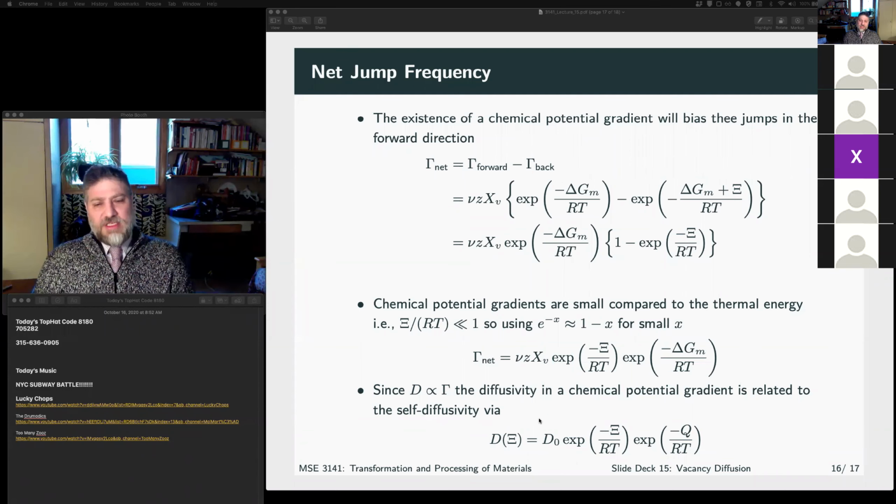So the diffusivity in a chemical potential gradient looks exactly like it was before. We can keep our D naught, which is still the same D naught that we had before, but now we just have an extra term that's our chemical potential gradient, right? And when our gradient is 0, this term just becomes 1.